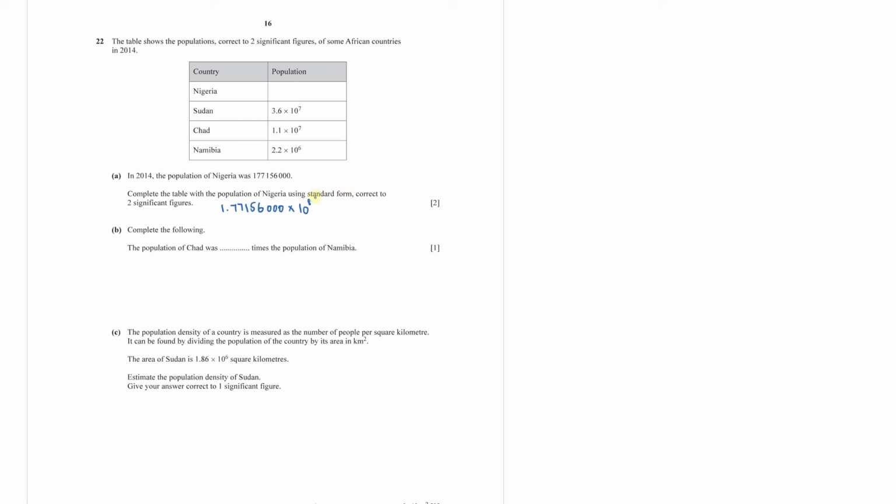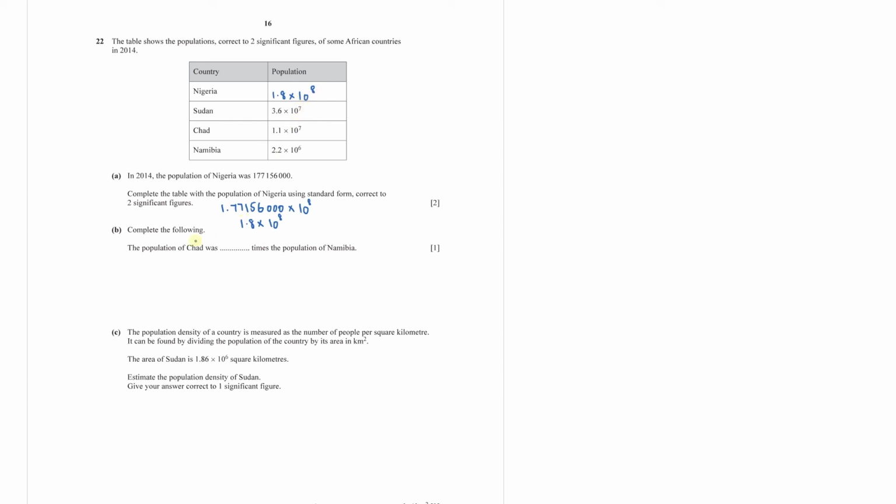Since we have to represent this in two significant figures, so one is your first significant figure, and you'll have to go up till the first decimal place. So since the second decimal place is 5 or greater than 5, 7 in this case, you'll round it up to 1.8 into 10 to the power 8. So you can fill it up here into 10 power 8.